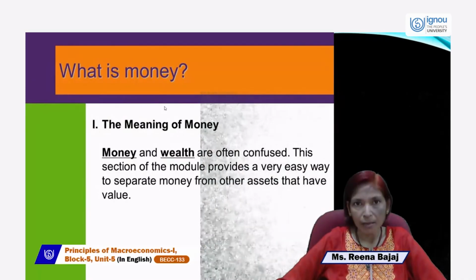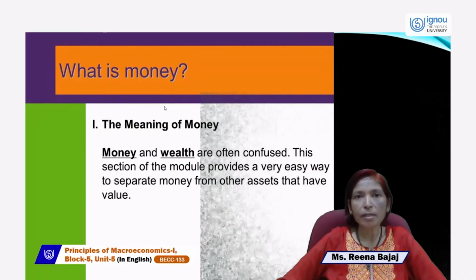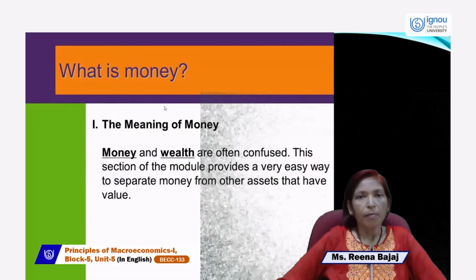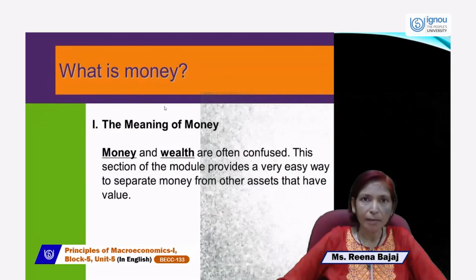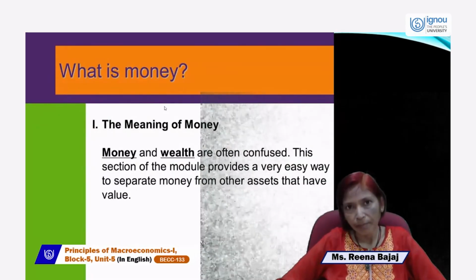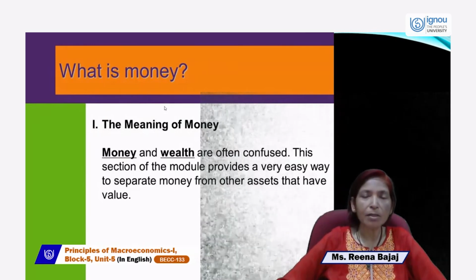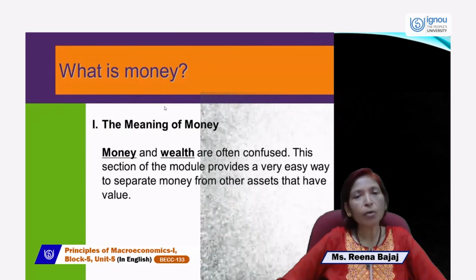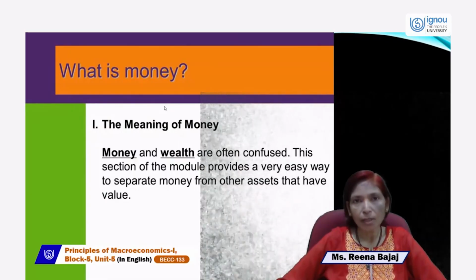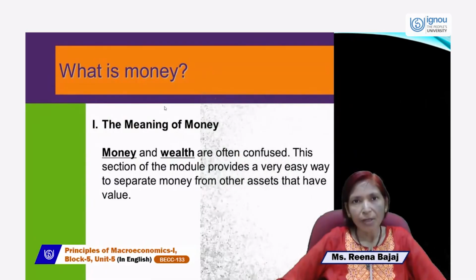Money is a way to buy goods and to sell goods. Before the origin of money, the barter system was prevailing in the economy. And the barter system is known as commodity to commodity or CC economy. It is known in this form also.